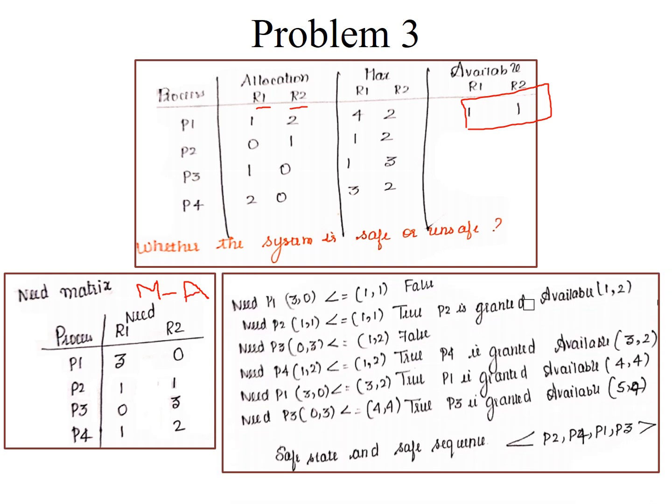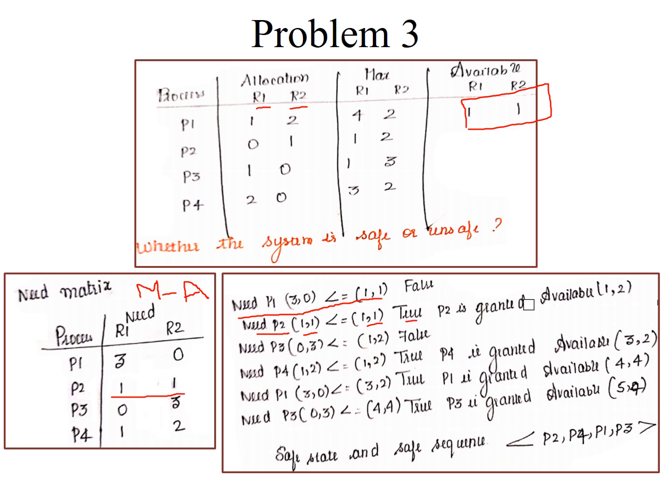Here, we are comparing the need of P1, that is 3 comma 0, with the availability 1 comma 1. It's not less than or equal to, so it's false. So from P1 we move to P2. P2's need is 1 comma 1. We are comparing 1 comma 1 with the availability 1 comma 1.